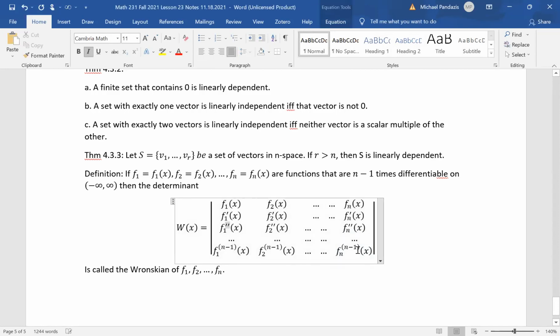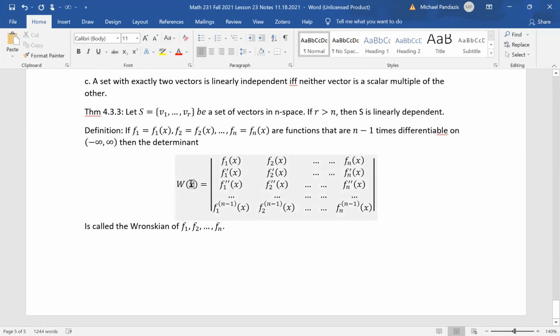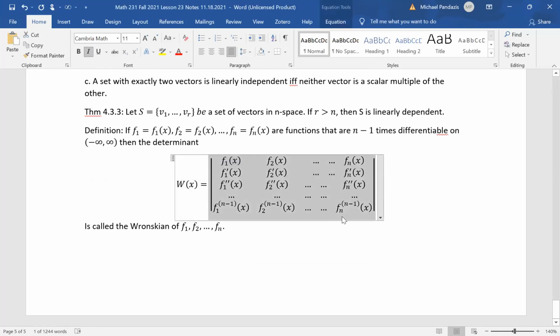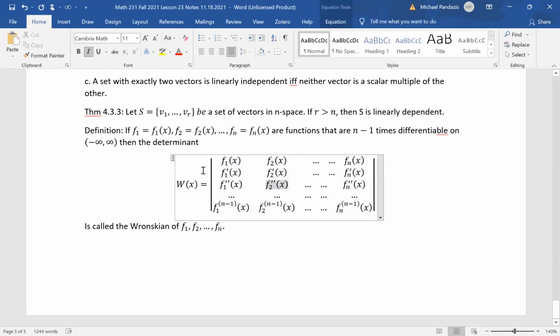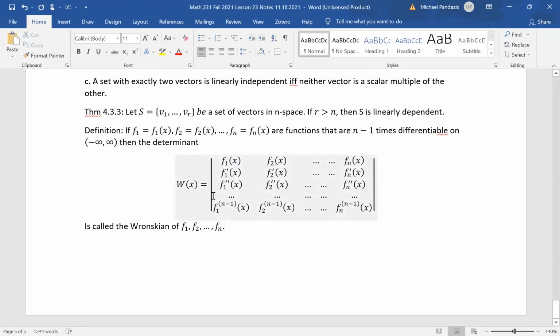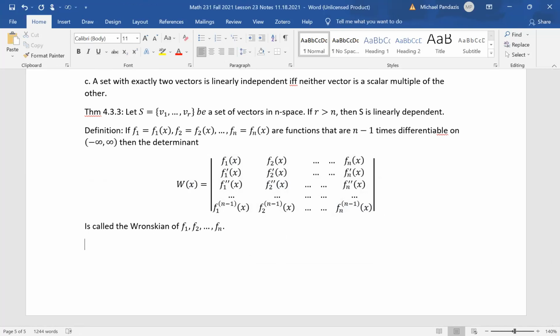You get all the components of this matrix, and then you take the determinant, and that's equal to W of x. When you input an x value, you put that x value into each of these functions and their derivatives, and they become entries of this matrix, and you take its determinant and get the Wronskian of those functions at a particular x. The function itself is called the Wronskian of f1 to fn.